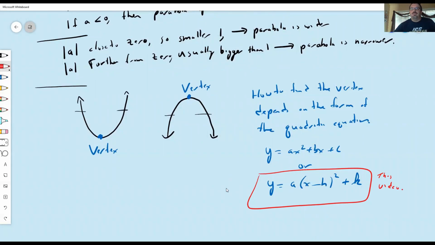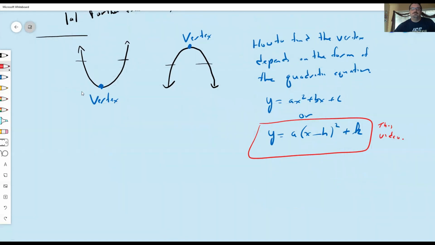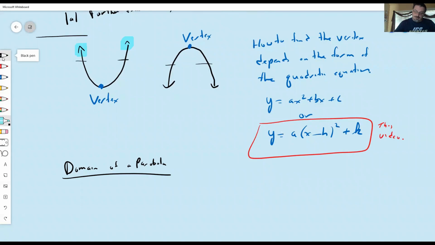Before I do a couple examples, I want to mention domain and range. The domain of a parabola. Here's the thing. The arrows up here and here are pointing up and right, which means it's going to the right forever, and it's going up forever.